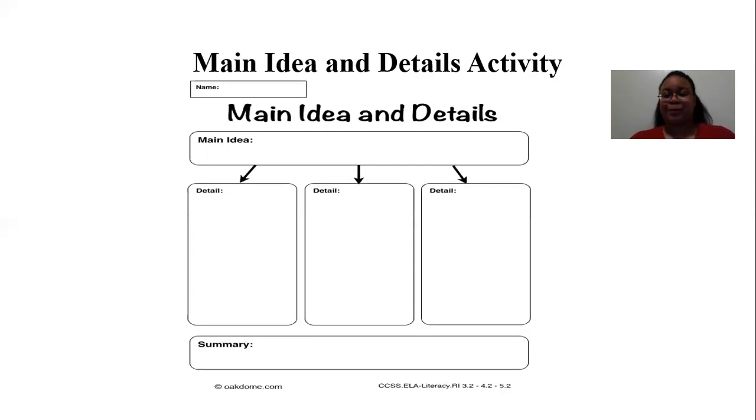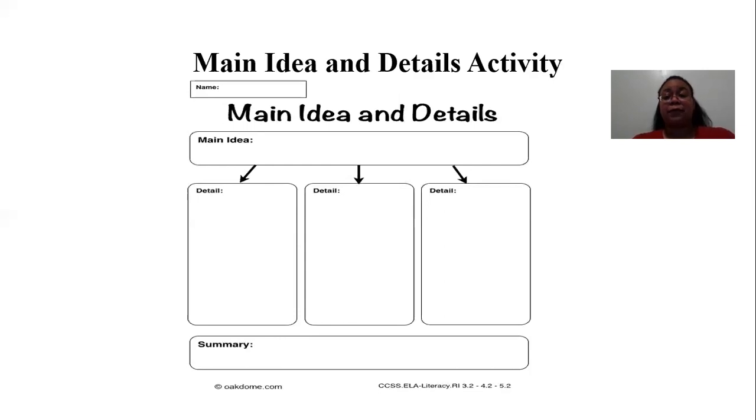Okay, and we're back. So now that you've written down the main idea, I want you to find 3 details that support what you said the main idea was. If you need to go back to the previous lesson to look up in the text those details, you can pause this lesson, return back to the first lesson and find those details.